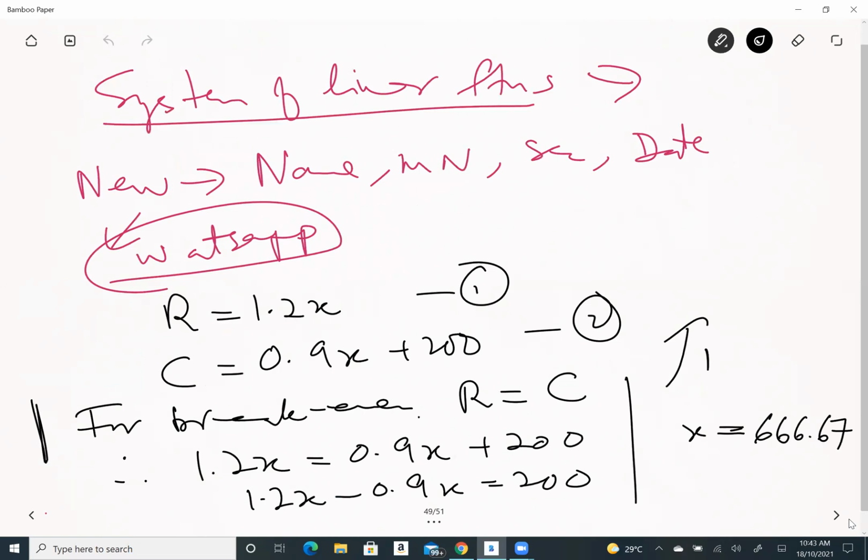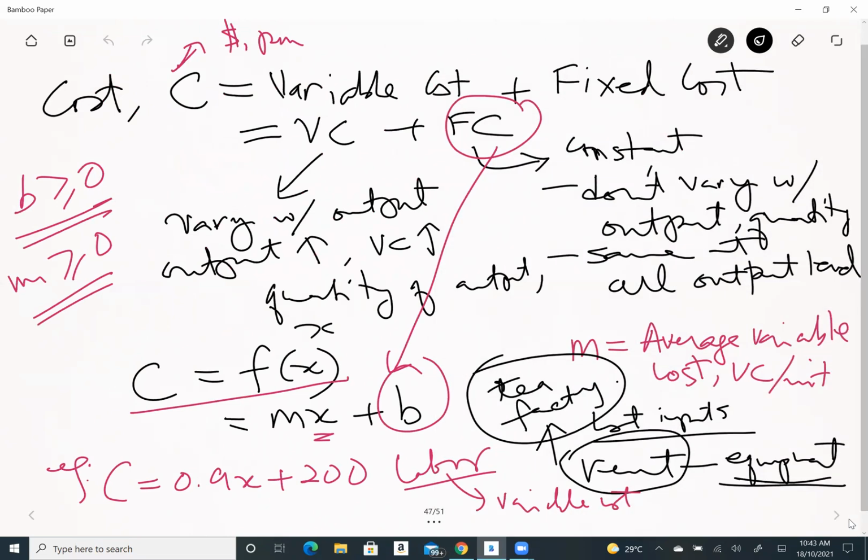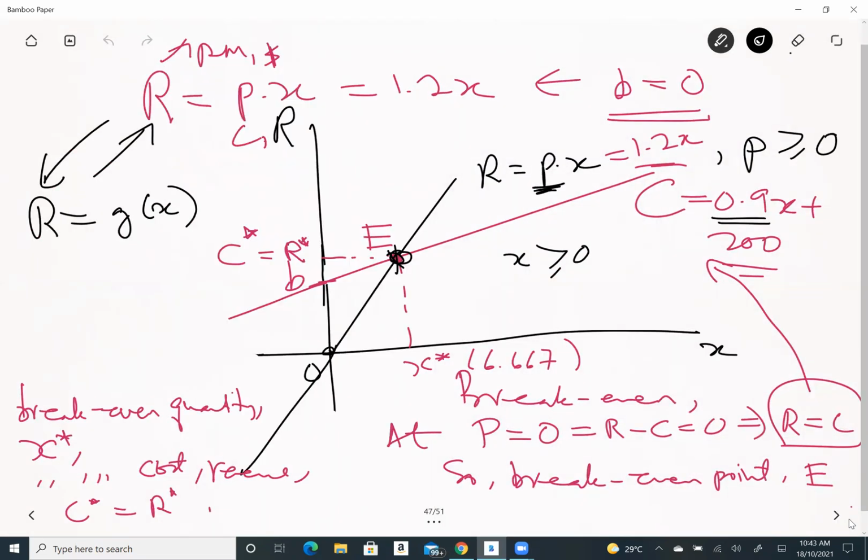Well, it's just like this. You go back to this example. Here, I have the slope of the revenue steeper than the slope of the cost. So what you want to do is, you have the revenue, but now you make the slope of the cost steeper than the slope of the revenue.